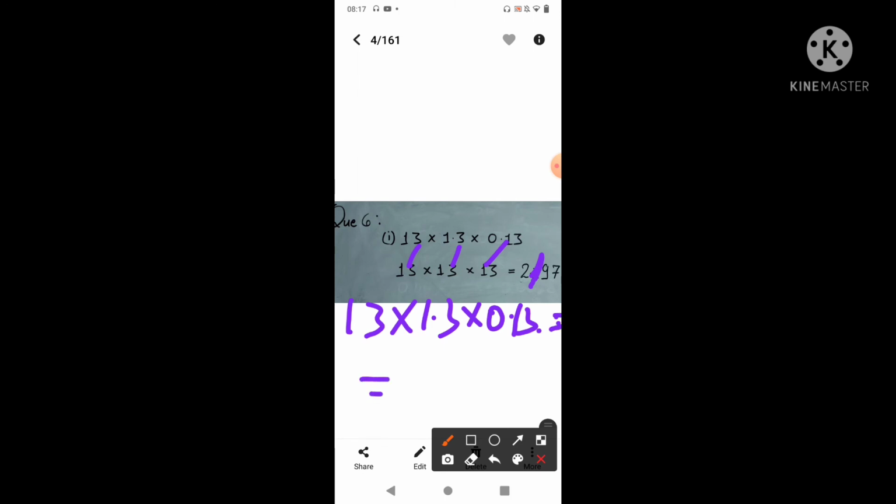First we write the product as it is, 2197, and now count the number of decimal places. Here 0, means nothing, here 1 and here 2. So 1 plus 2 will be 3. So in the product we put the decimal before 3 places, means 1 2 3. It will be here. The required answer will be 2.197.